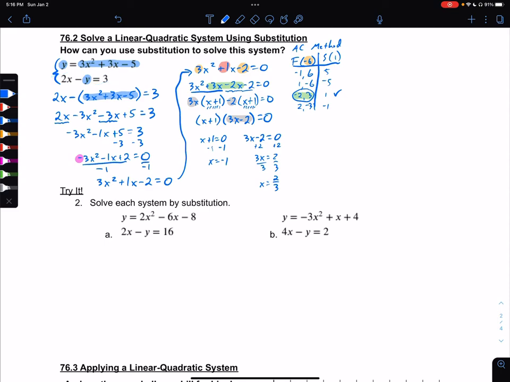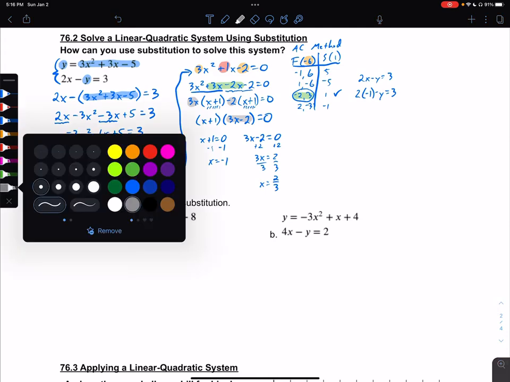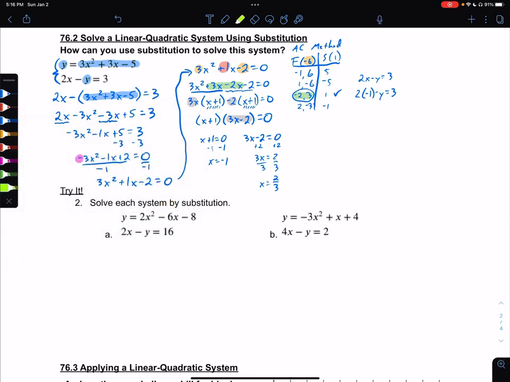It just will be a little bit easier. So I'm going to take 2x minus y equals 3, and I'm going to substitute -1. I'm running out of colors. We'll use this lime green. So this x equals -1, I'm plugging in here.